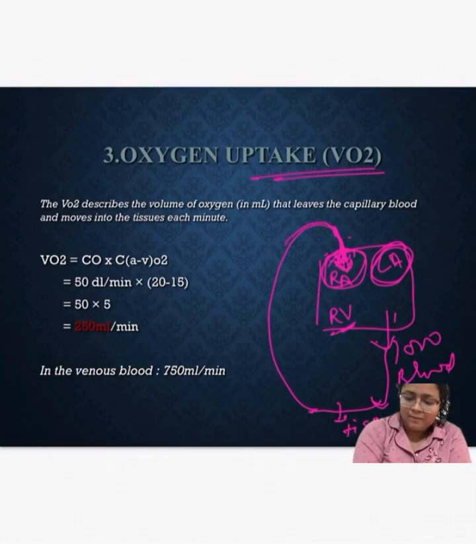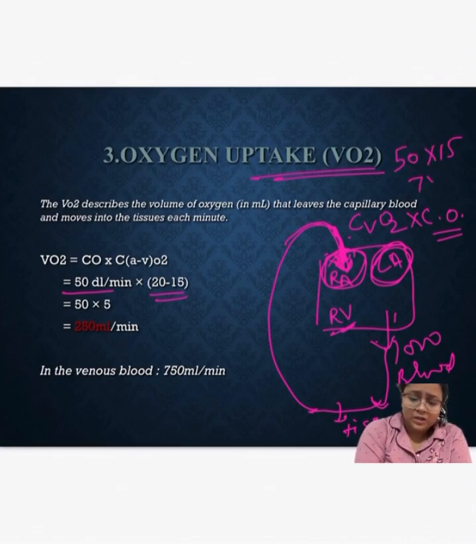That is CvO2 into cardiac output, so CvO2 into 50, into 15, which is 750. So if we subtract, 1000 minus 750, it becomes 250.